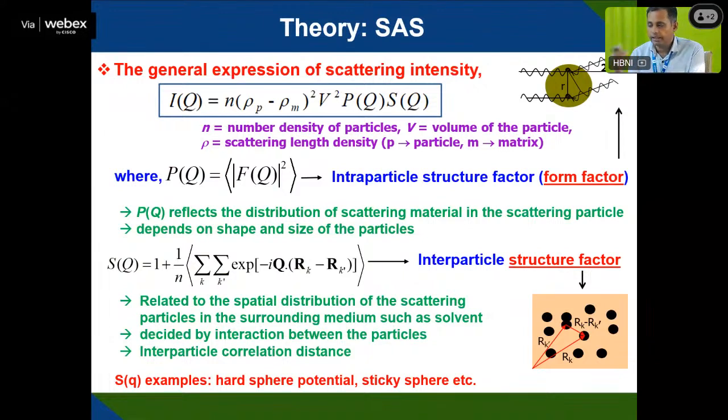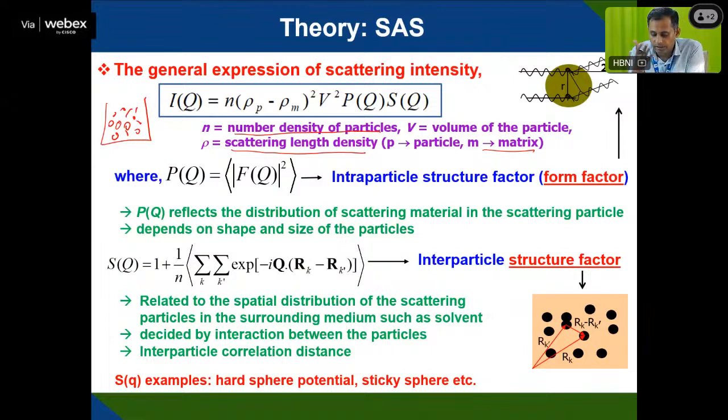So you see the general expression for the scattering intensity. I(Q) depends upon n, the number density of particles. Like you have a solution or a solid, if you see neutron scattering, the number of particles is there. So that is n, the number density of particles, V is the volume of the particle, and rho is the scattering length density of the particle, and the matrix, which in case of a medium may be water, or in case of some solid sample, whatever the matrix is, like say clay particles in a cement or something.